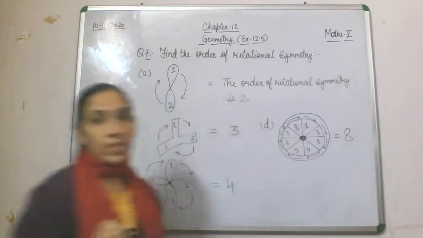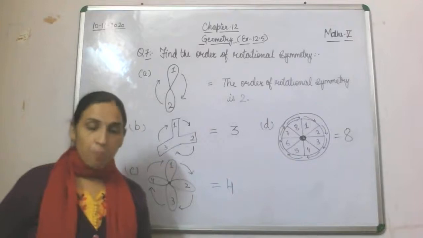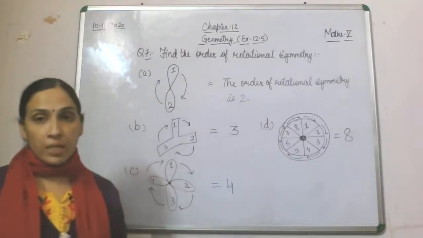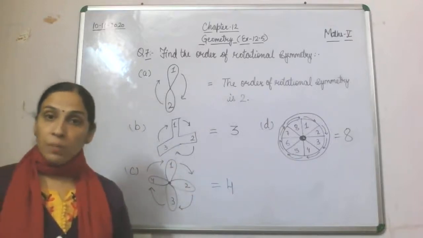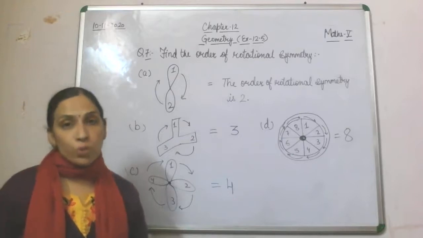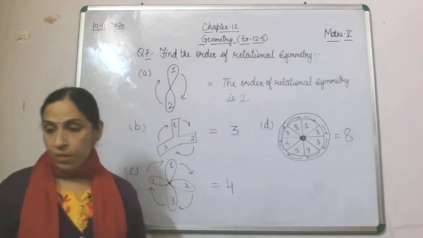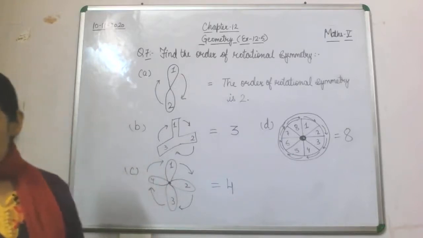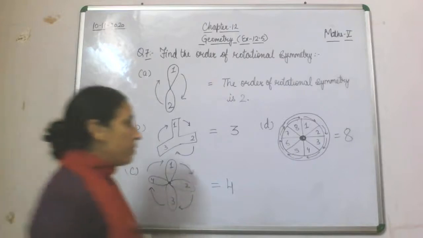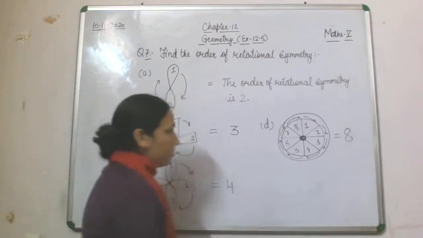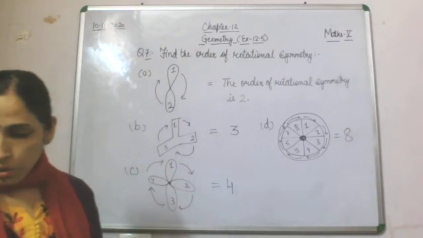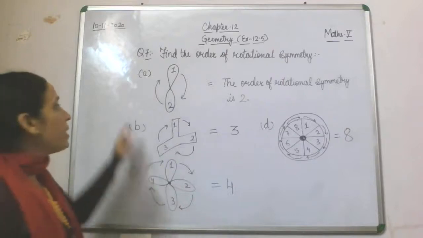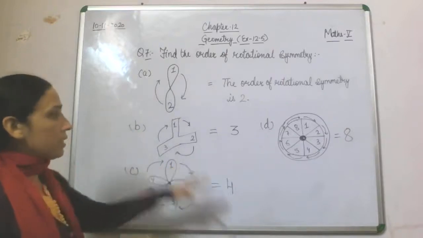So what do you understand here? As many parts as that particular figure has, that will become the order of rotational symmetry. I hope this A, B, C and D part is clear.